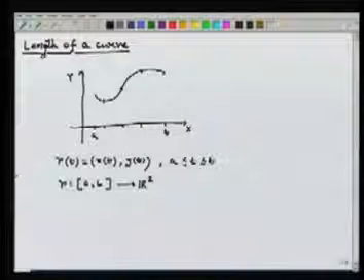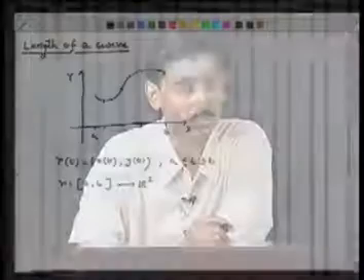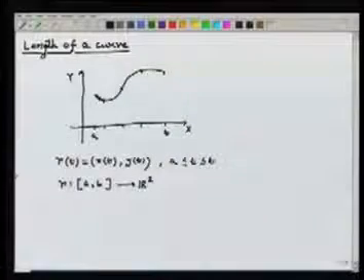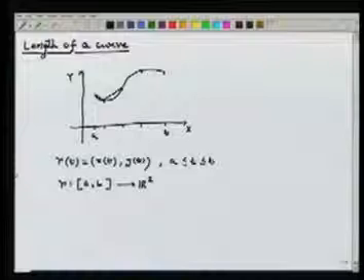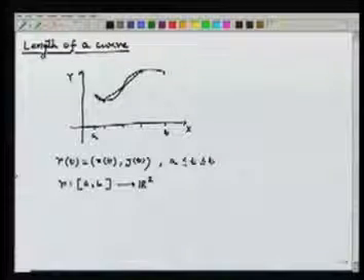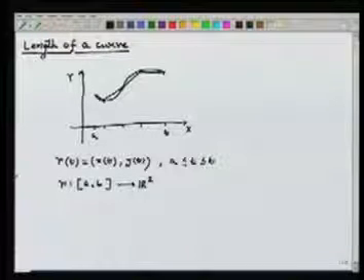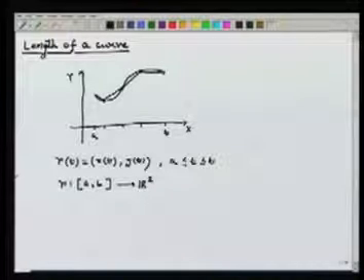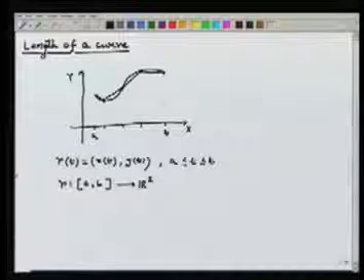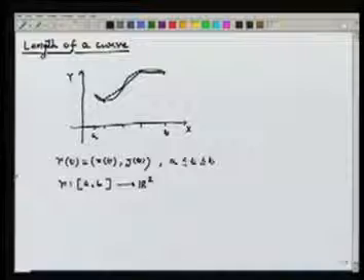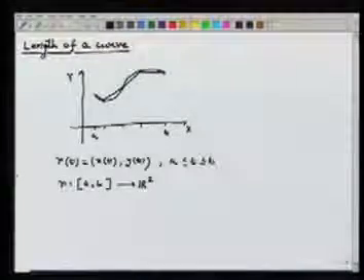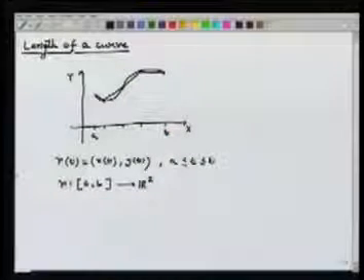Now I join these points by a polygonal path. So this is the first line, this is the second line, then I get the third line and the fourth line. Now this polygonal path has a very well defined length because these are straight lines, so I can calculate the lengths.